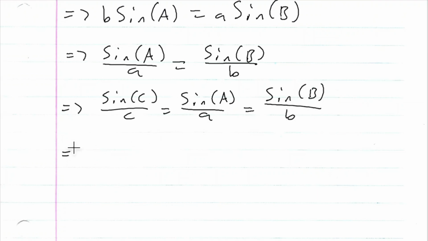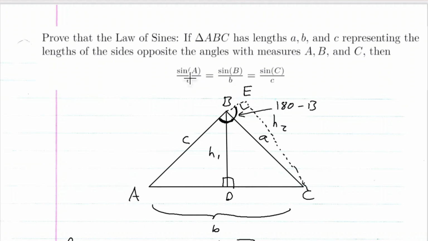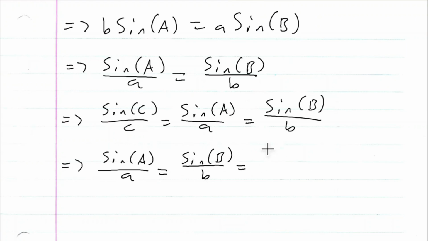And of course, to make it look exactly the way we want, that means that sine of A over a is equal to sine of B over b, which is equal to sine of C over c. And that's what we set out to do. That is the law of sines proof.